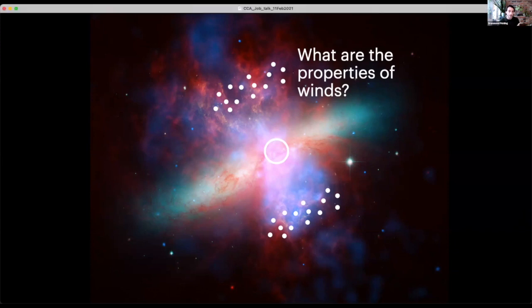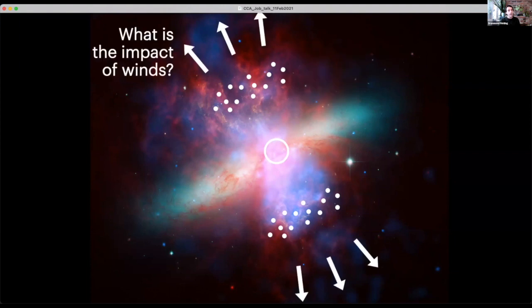And so there's also some 10 million Kelvin gas moving incredibly fast. And so there is a rich structure and properties of these winds that we need to understand if we hope to understand this system. And we'll end by talking about the impact of these winds on galaxy formation in general and their large scale structure.